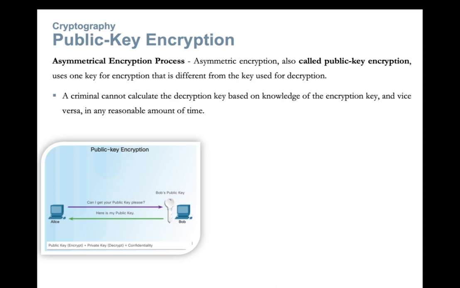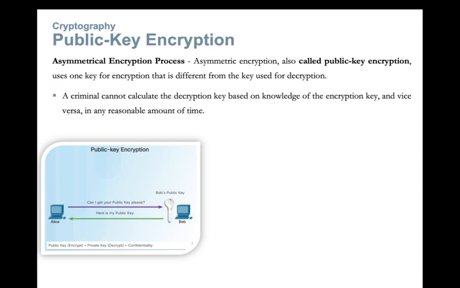Instead, Bob and Alice each have a separate padlock with separate corresponding keys. For Alice to send a secret message to Bob, she must first contact him and ask him to send his open padlock to her. So Bob sends the padlock but keeps his key.